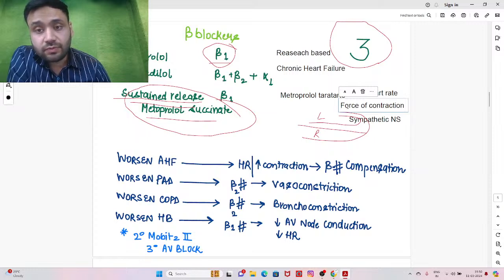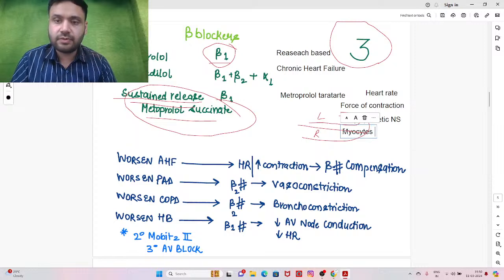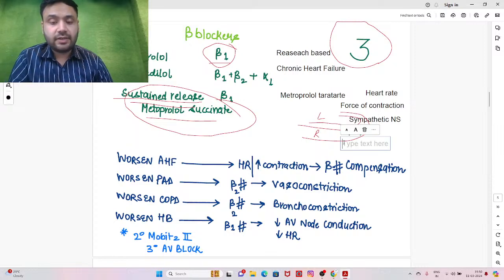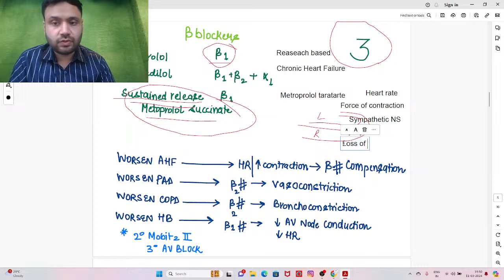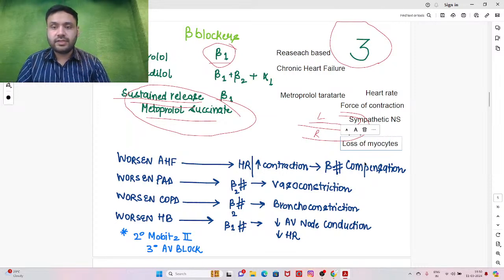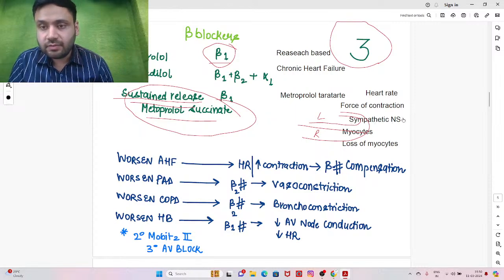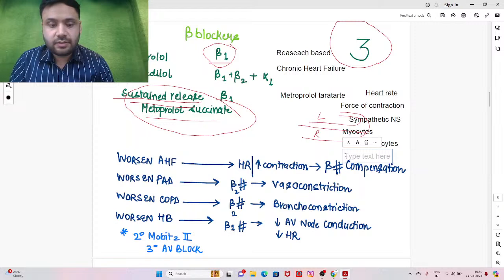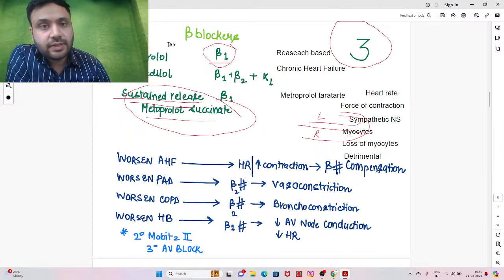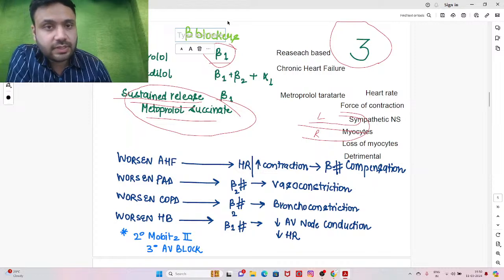Force of contraction is dependent upon myocytes, and in heart failure there is loss of myocytes. The effect of the sympathetic nervous system would be detrimental. So we want to block the beta receptors via beta blockers, which are bisoprolol, carvedilol, and sustained release metoprolol succinate.